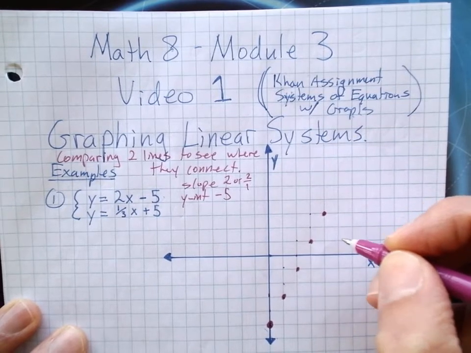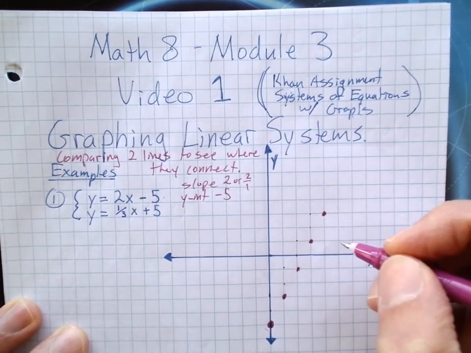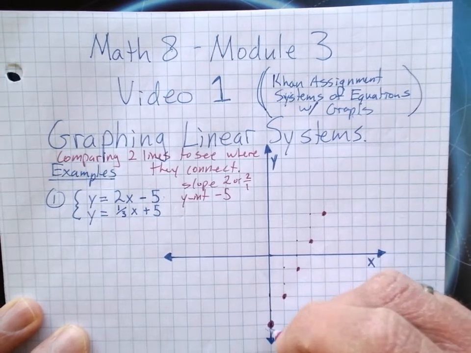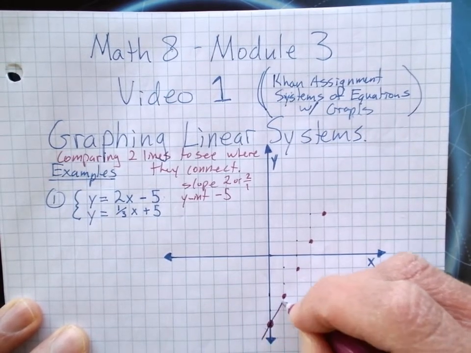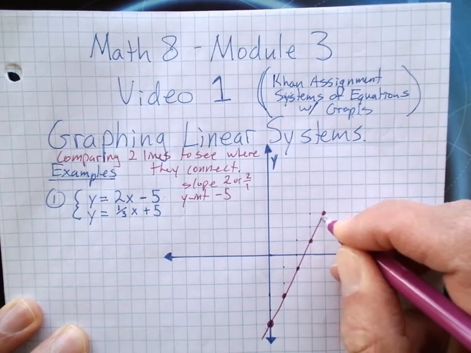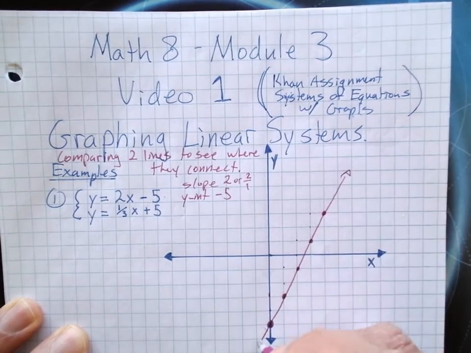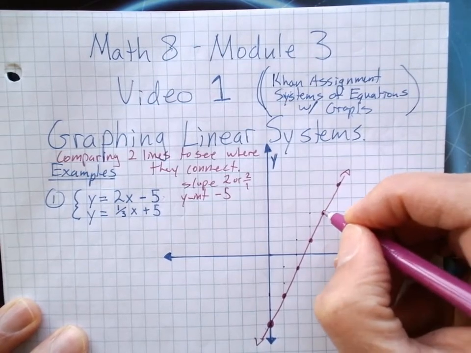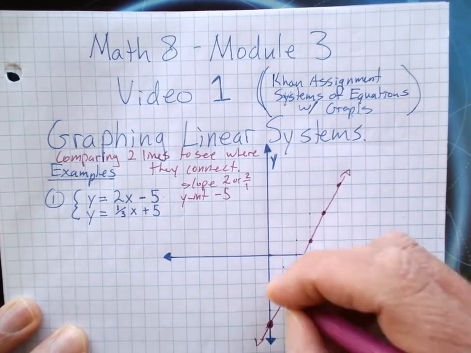You know what? I left my straight edge in my house, so I don't have a straight edge right now. So I'm just going to go ahead and make my line like that. Not the most perfectly straight, but I followed my slope, so it's all good.